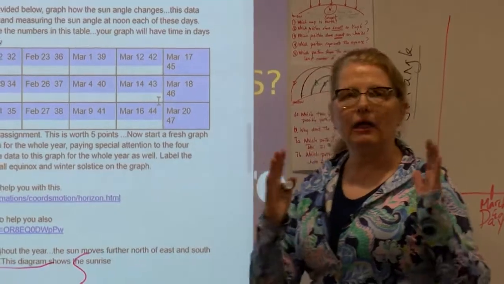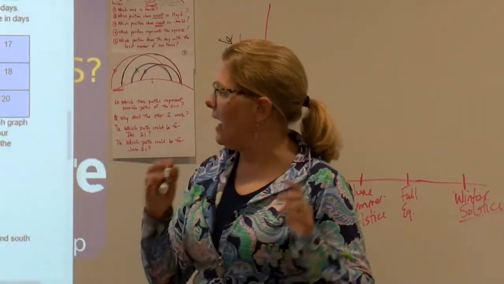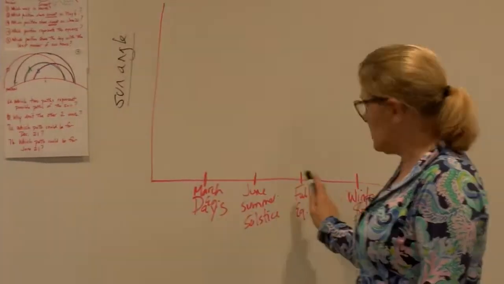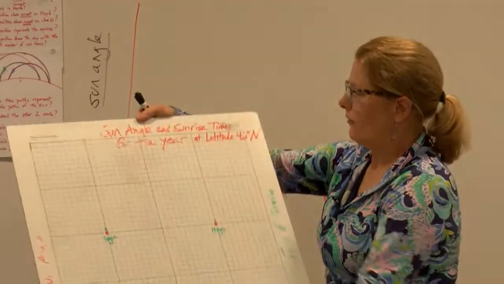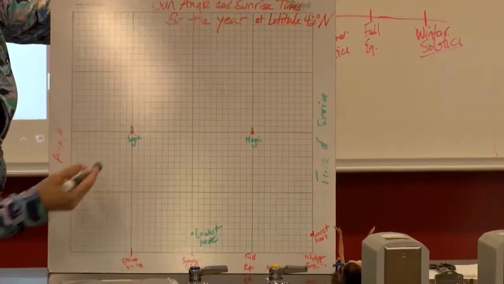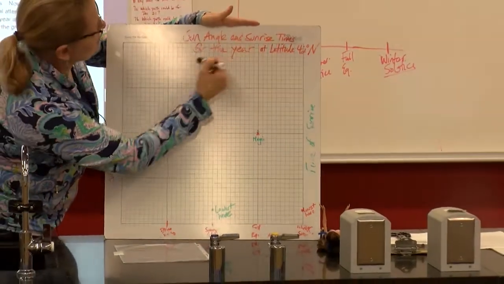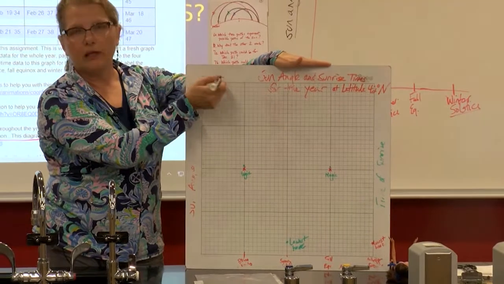Now, you can either make a new graph and put the sunrise data and the sun angle data on it, keeping these four. So the very final graph, you could have something like this, sun angle and sunrise times for the year. By the way, all of your graphs, you need to have those things.